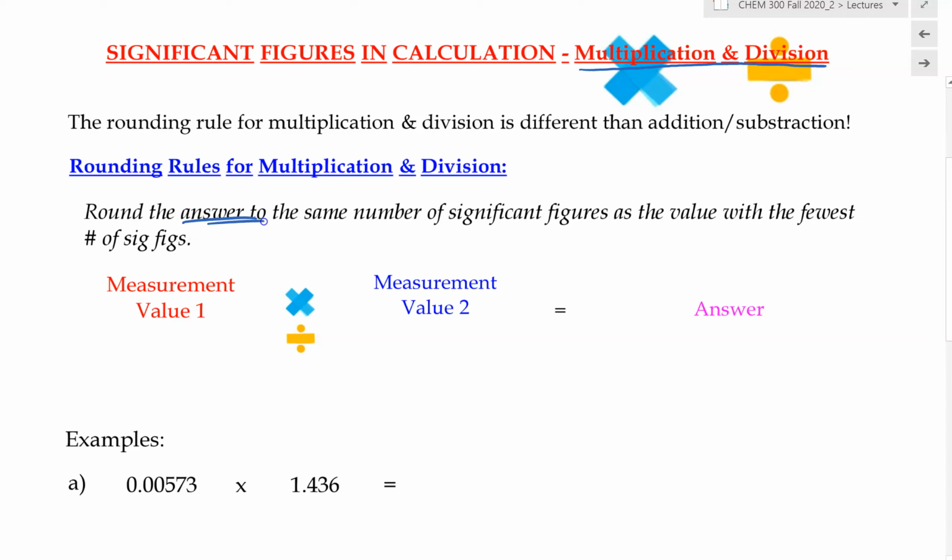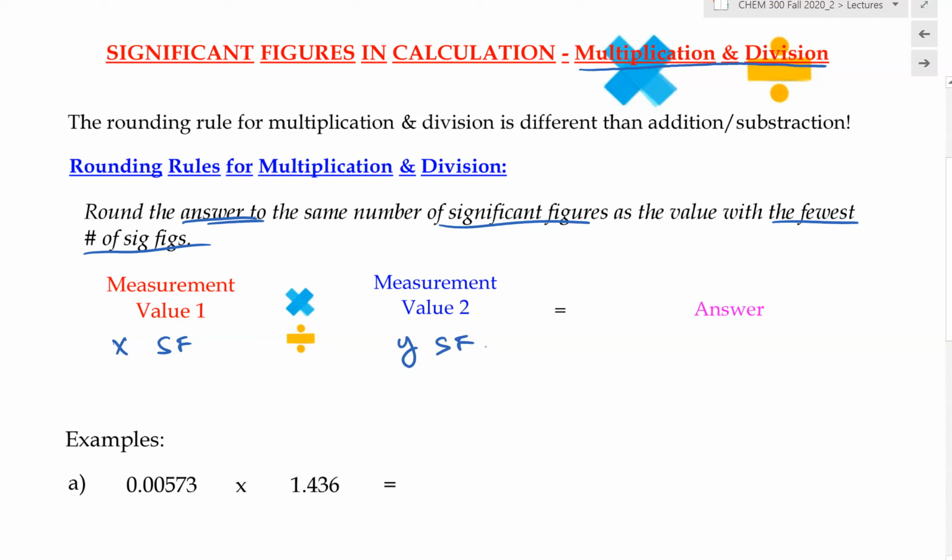We round the answer to the same number of significant figures as the value with the fewest number of significant figures in all of our measurement values. Let's say for an example, we have a measurement value 1 with x amount of significance to it, and a second measurement value with y number of significance to it.